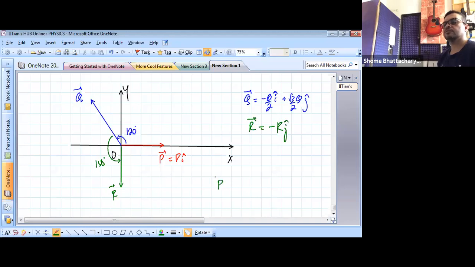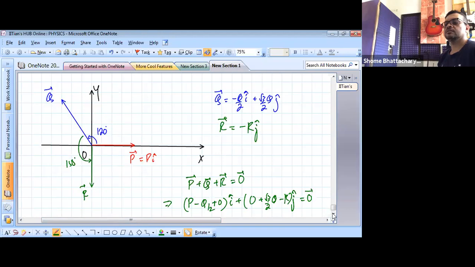So now you just have to apply the condition that P plus Q plus R is 0. That will imply that capital P minus Q by 2 plus 0 i cap plus 0 plus root 3 by 2 Q minus R j cap is a null vector.